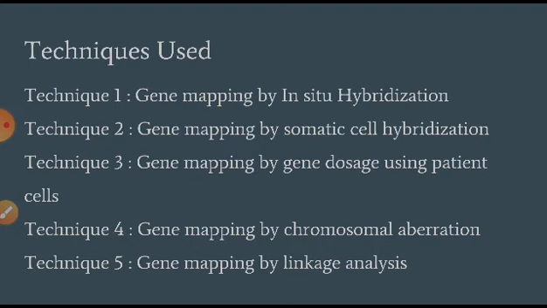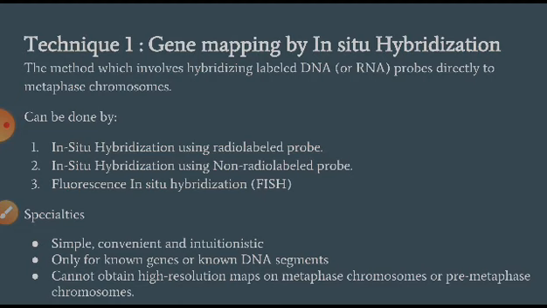Technique 4, gene mapping by chromosomal aberration. Technique 5, gene mapping by linkage analysis. So these are the five different techniques. One by one we'll see these techniques. I'll not go into much detail; I'll explain each technique on its own slide.